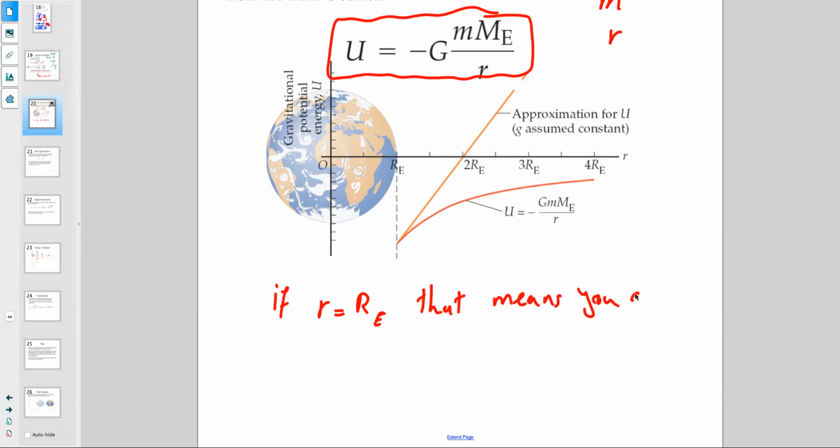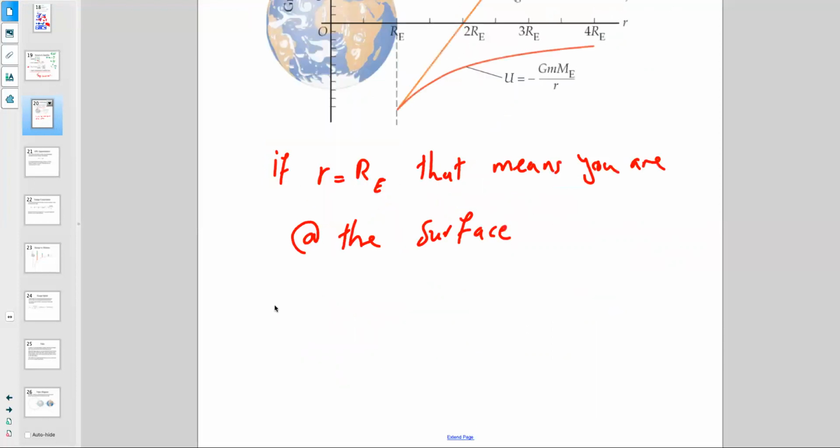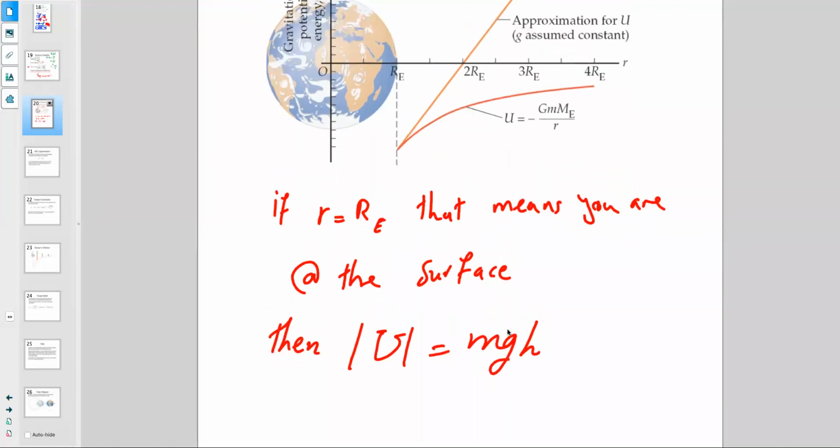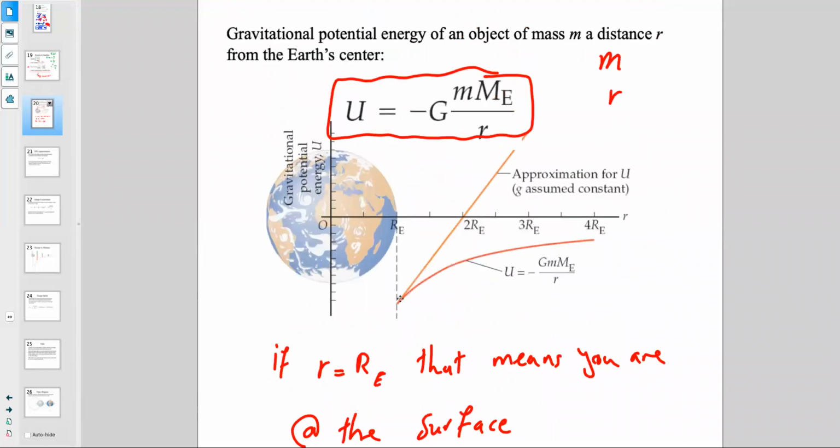Then the gravitational potential energy is linear. The value for U is mgh. You have a linear relationship because you're very close to the Earth's surface, so your distance is just close to the Earth's radius.